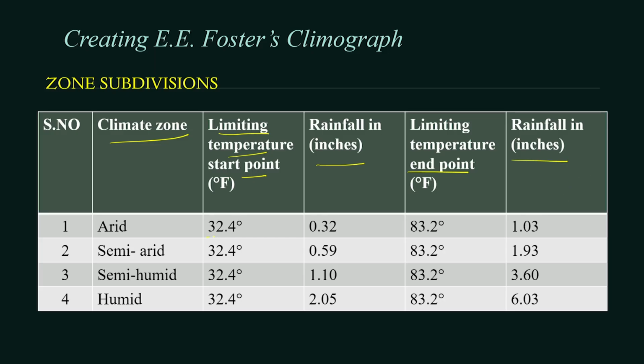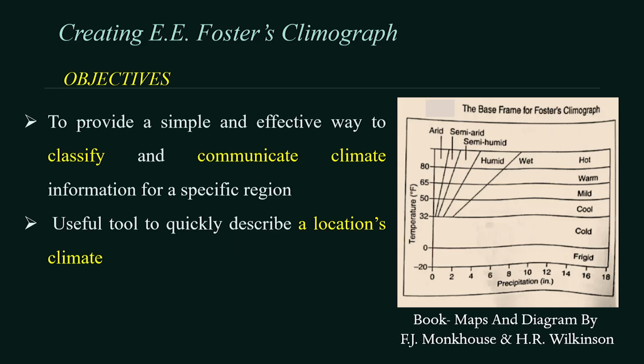If you see, the starting limiting point for a zone is 32.4 for everything, and the limiting temperature end point will be 83.2 degrees Fahrenheit. So, this is the basic framework for Foster's climograph. It was published in a book named Maps and Diagrams by F.J. Monkhouse and H.R. Williamson.